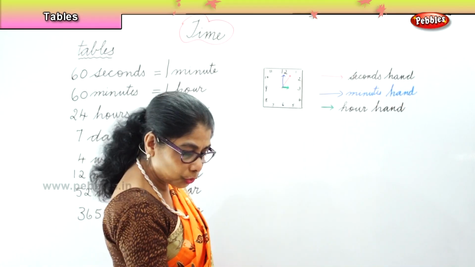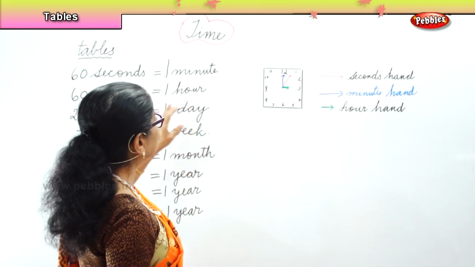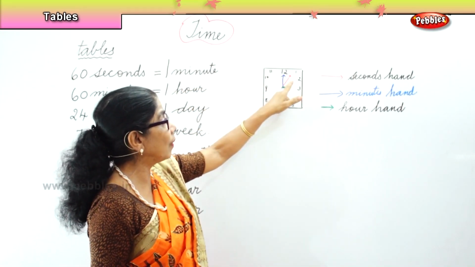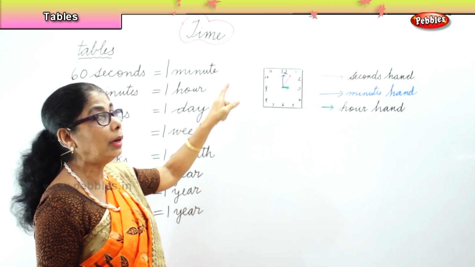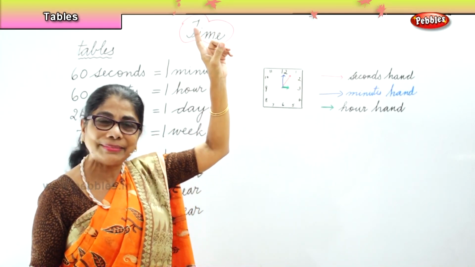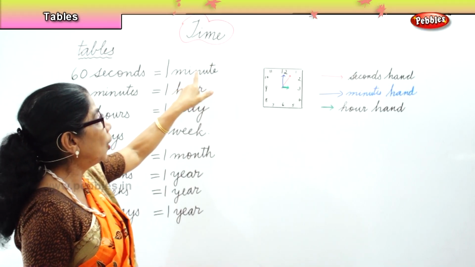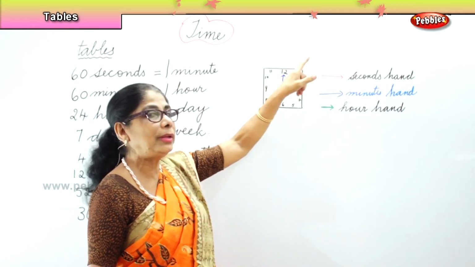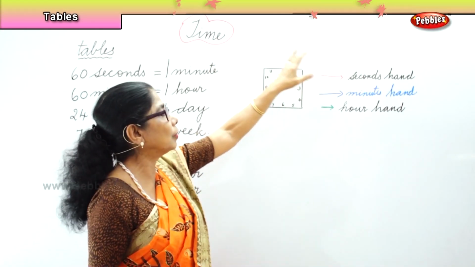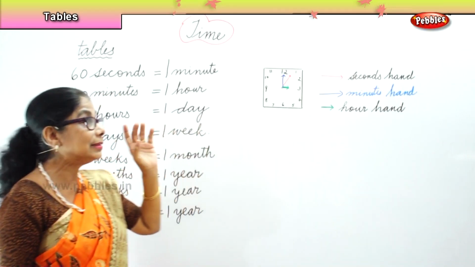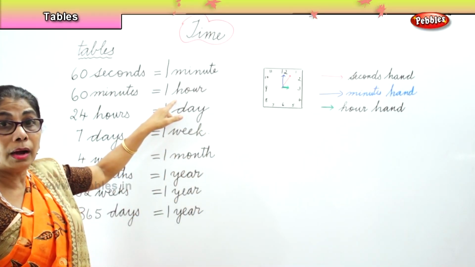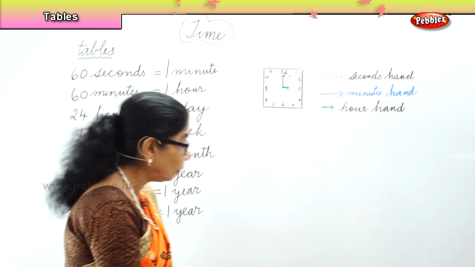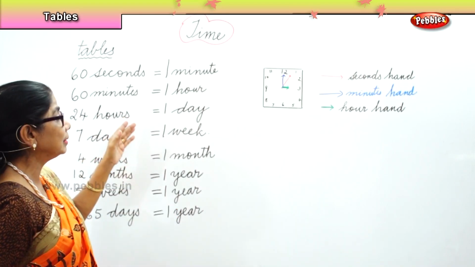When the second hand goes once around, that is 1 minute. Now the minute hand, when it goes from one number to the other, that is 5 minutes. When it goes right around, it is 60 minutes. And the 60 minutes equal to 1 hour. You get it? That's how we get 24 hours and so on.